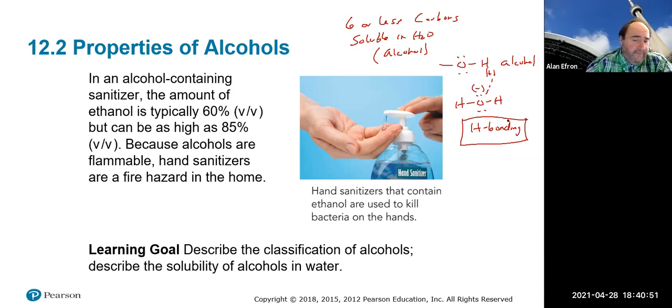Again, though, as you get above 6 carbons, it decreases the solubility. What can increase the solubility is if you have more OH groups on the alcohol. Some alcohols have a bunch of OH groups on them, and that definitely increases the solubility in water. So for example, if you had an alcohol where on both ends there's an OH group, this is going to be very, very soluble in water because it has multiple places where it can interact with water.